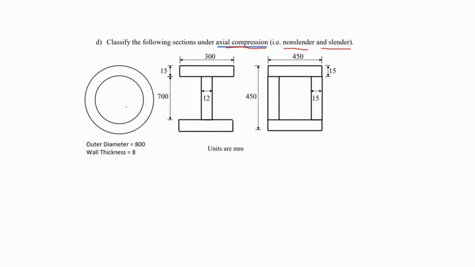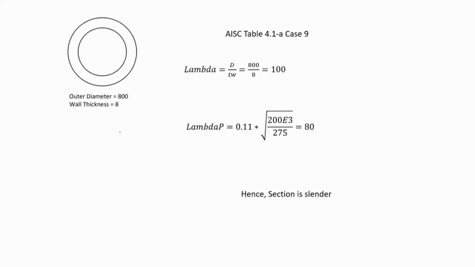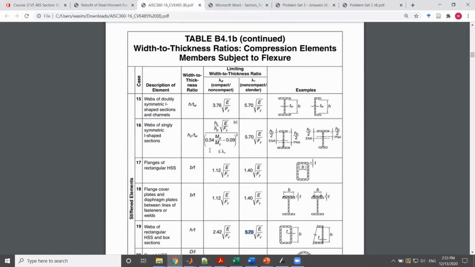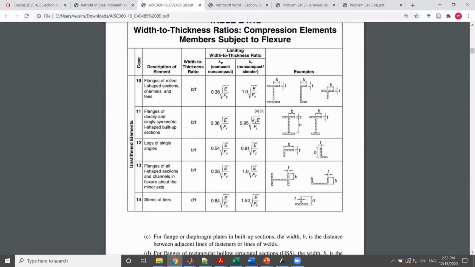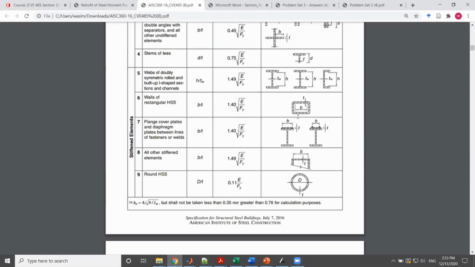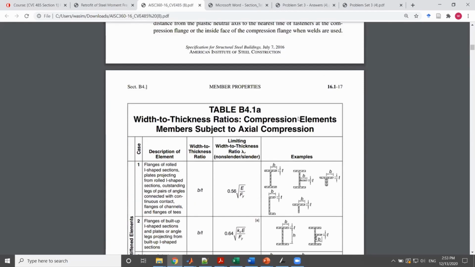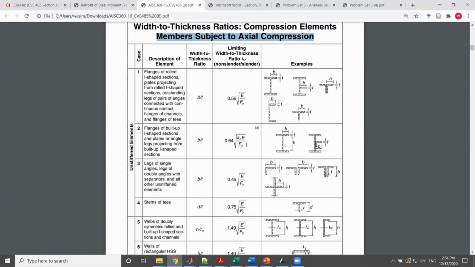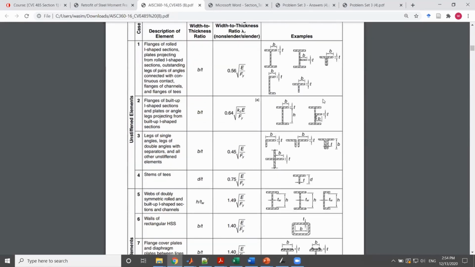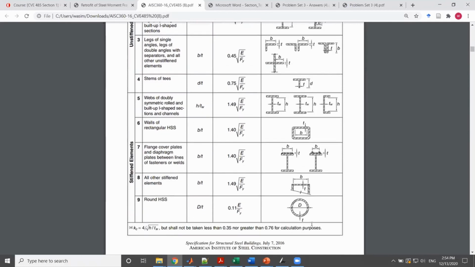So if we consider, for example, this shape, this pipe, and go back again to our table in AISC. Now this time, the flexure is not going to work since I'm concerned about the axial. So I have to check the table above. The table that I have in here says axial compression, members subjected to axial compression. Okay, so I had that pipe. I'm checking the examples.